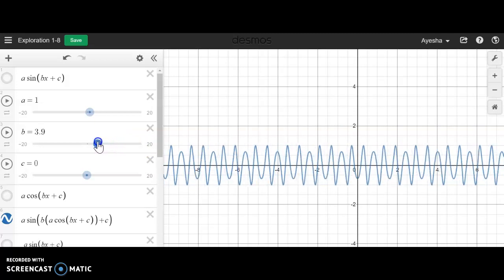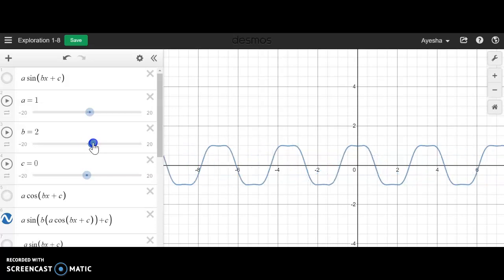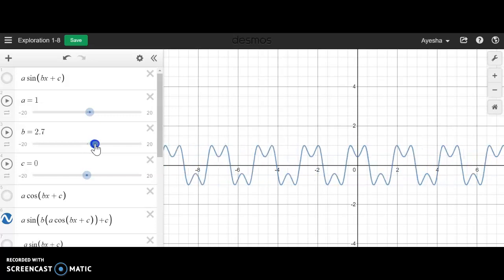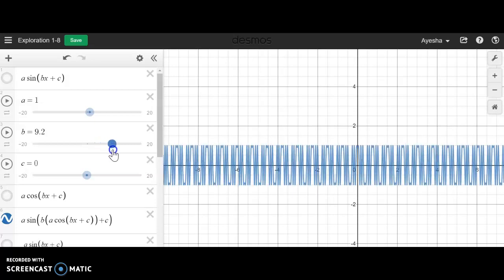But if we go back and examine, things look pretty normal at 1, normal-ish. And then at 2, just as with the value 2 at A, it started splitting off and doing a weird thing.